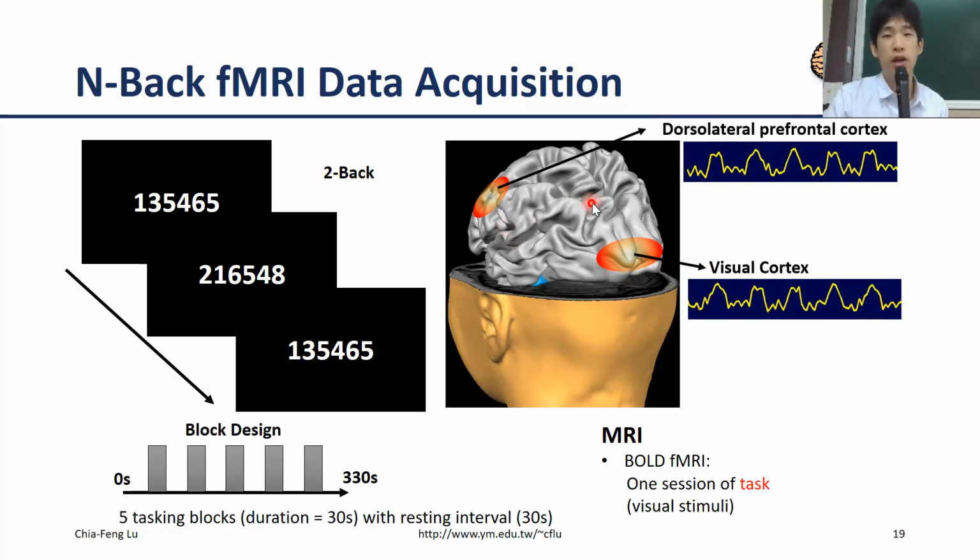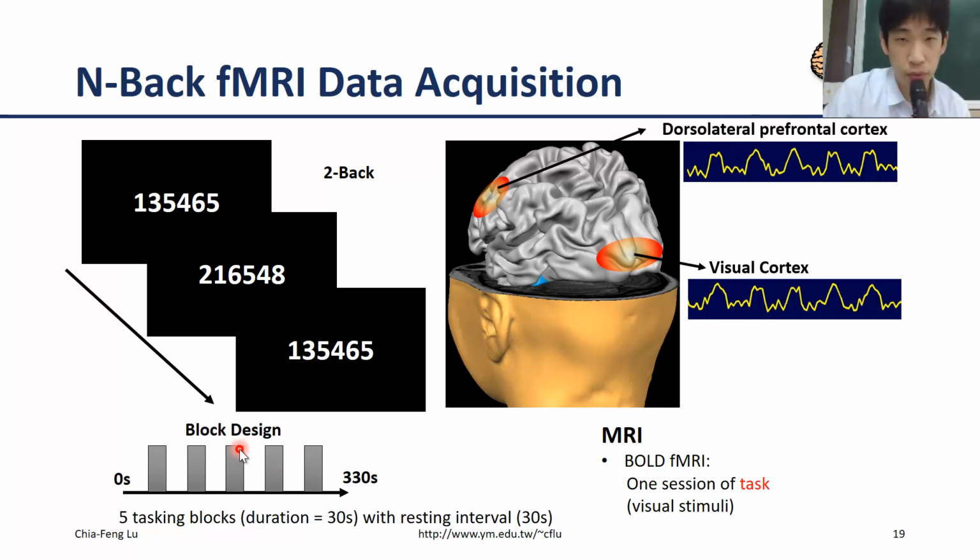And also, for working memory studies, the dorsolateral prefrontal cortex is always a very important region. The bilateral dorsolateral prefrontal cortex may have a pattern consistent with the experimental design.